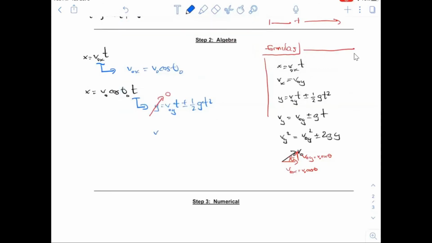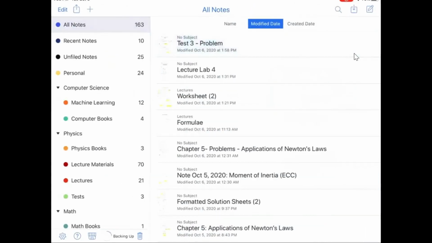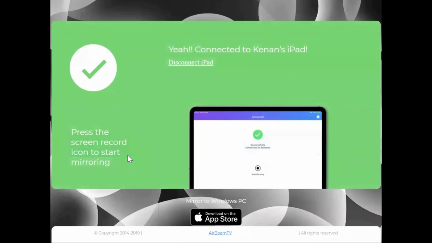All right, so I'm just going to rewrite this formula. It's going to be 1/2 g t squared. And I'm going to move this across. Or, oh, I killed the X. Okay, let's do this again. I killed the connection by accident. Okay, so let's do this again.